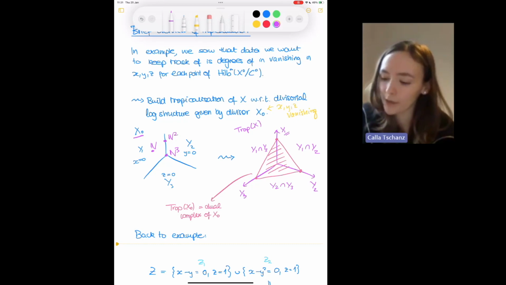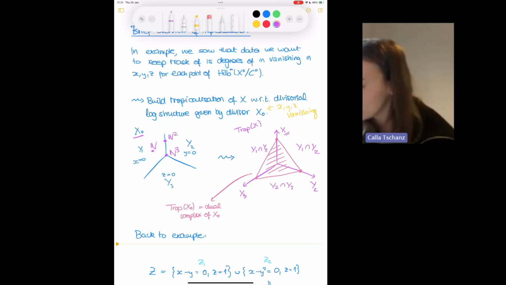Similarly, Y2 and Y3 will be one-dimensional on the tropical side, so they become these half lines here.